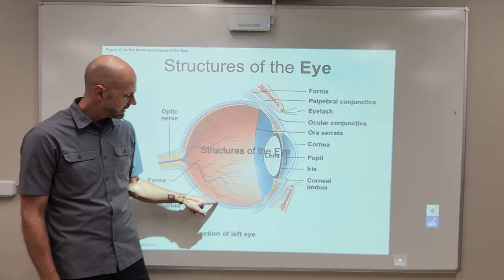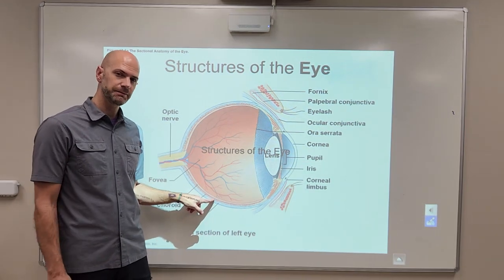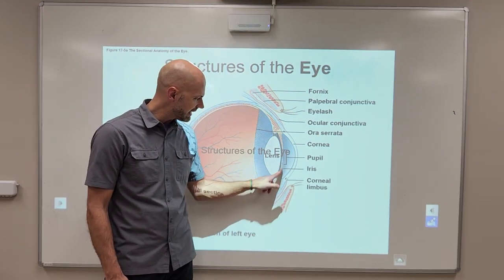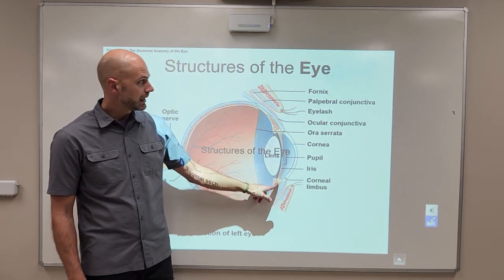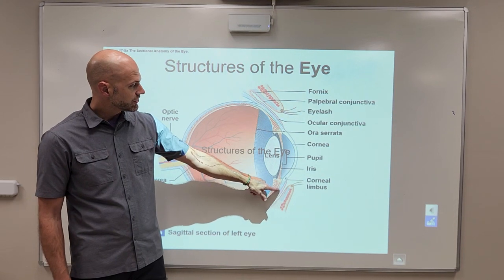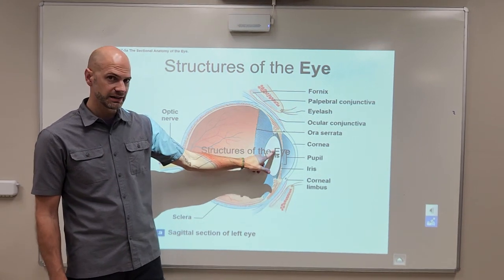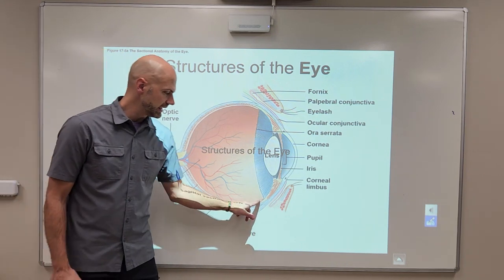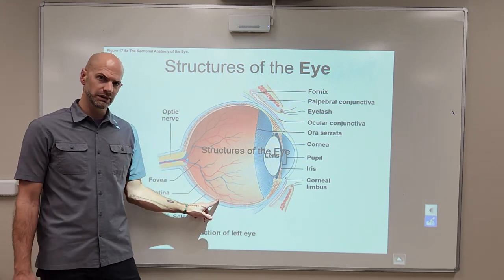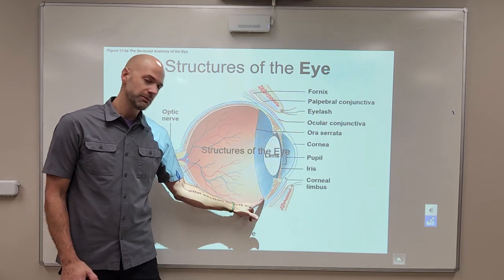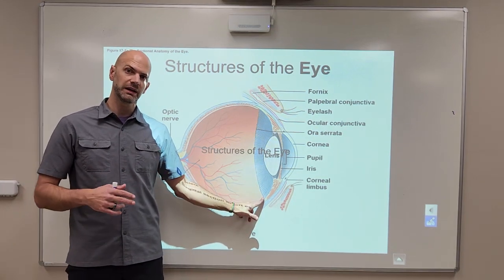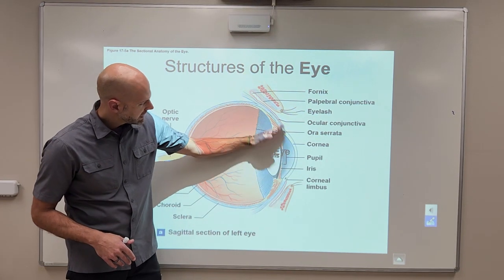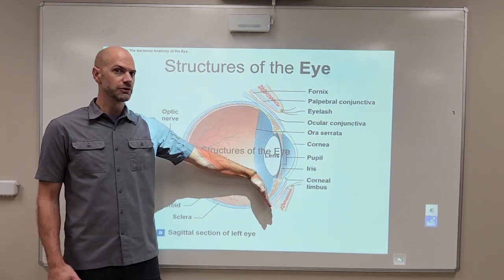Then we'll talk about the vascular layer, or the choroid layer, which becomes part of the iris and the structures that are supporting the lens, which we'll talk about. The retinal, or the innermost layer, the neural layer, only extends about 3/4 of the way towards the front. From about here to here, there is no neural layer.